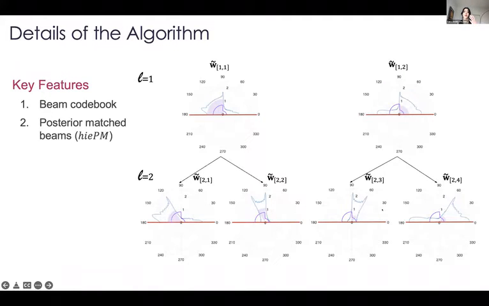So in other words, looking at all the beam code words, you have an estimate of the probability that you catch the transmitter if you use this code word. Here your probability is going to be really low, basically the integral of this posterior in this space, while here the probability is very high, but you won't know where the transmitter is in that space. And you can go down this hierarchical codebook and estimate the probability.